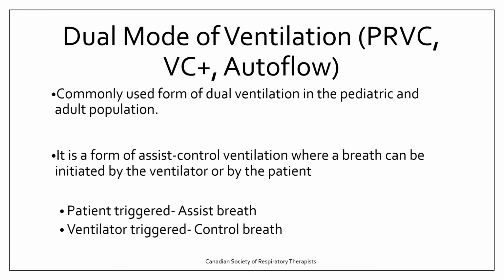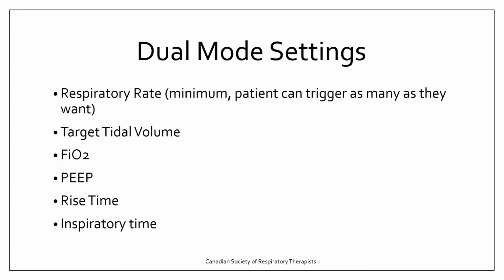So it's a form of assist control ventilation where a breath can be initiated by the ventilator or by the patient. We're going to set a respiratory rate, an I time, a tidal volume, a PEEP and an FiO2, and a sensitivity setting, right? So breaths can be patient triggered or ventilator triggered. Again, we're looking at the settings that we want. We're going to want a minimum respiratory rate, but the patient can always trigger a breath if they want to.